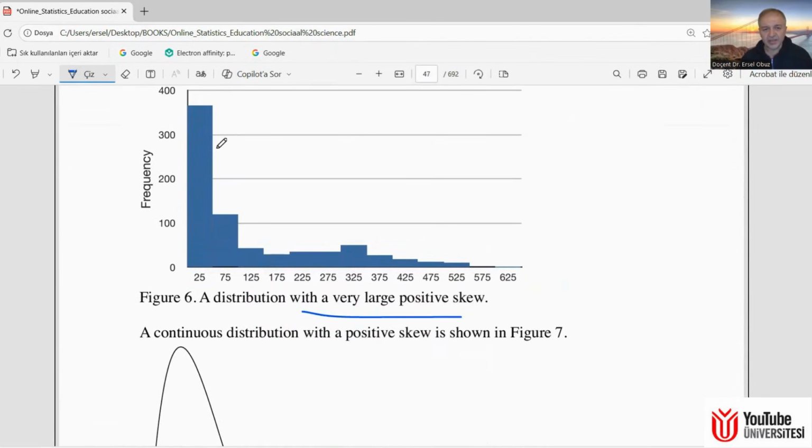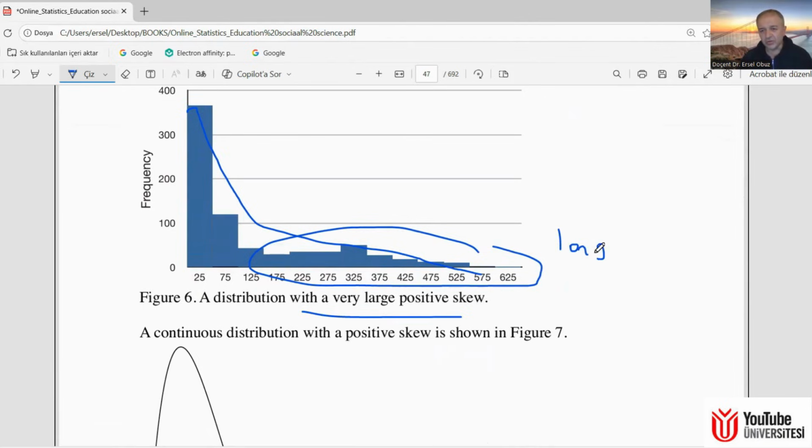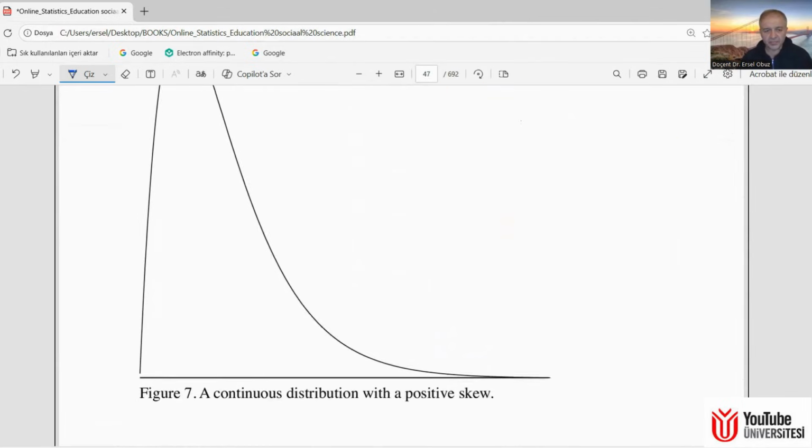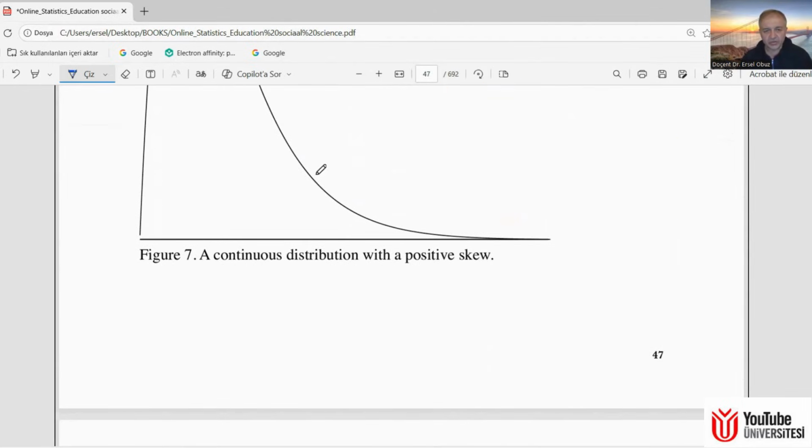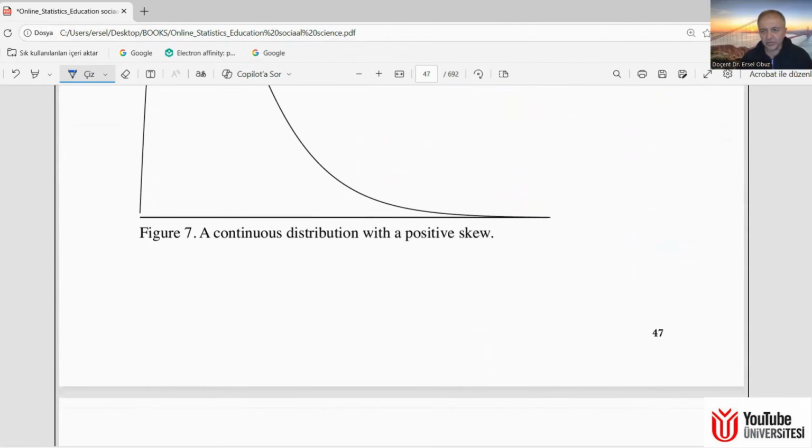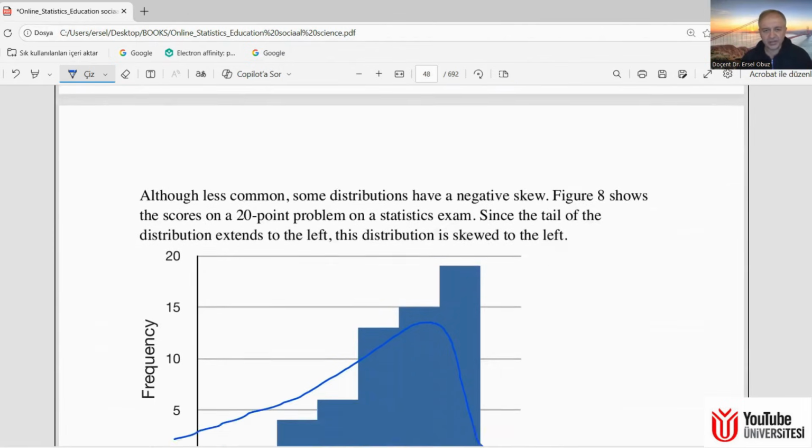You see, that's a very large positive skew. Look at this long right tail. Like this, continuously with a positive skew. You can see it.